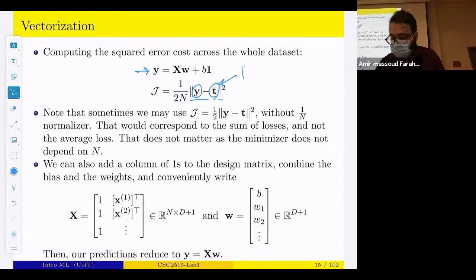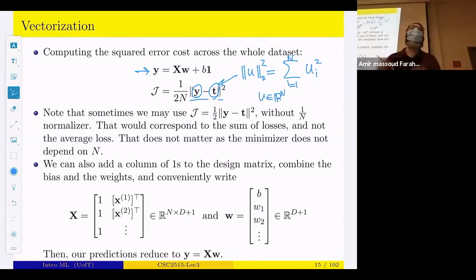Say I write it for u, squared. This is the L2 norm, which I think we had a review of in the first tutorial. It would be essentially the summation of ui to the power of 2, where the dimension is n. And u, of course, here, instead of u, we have y minus t.